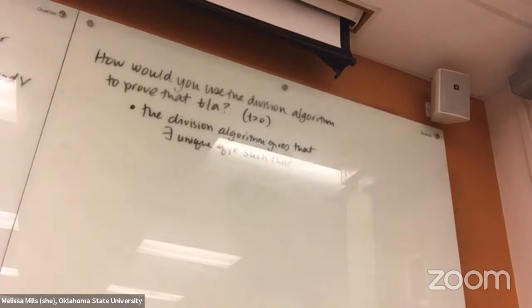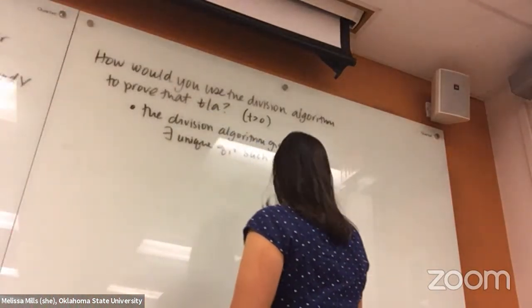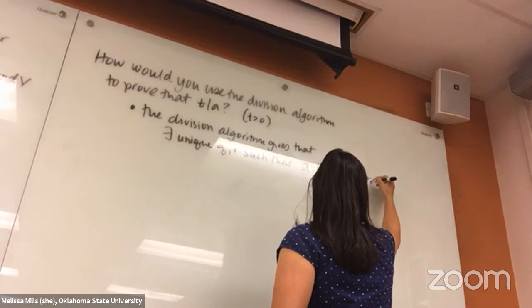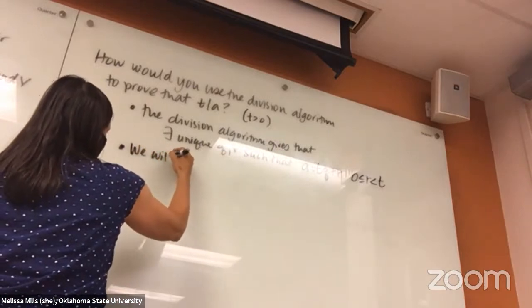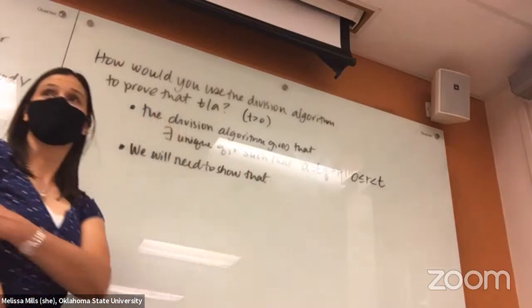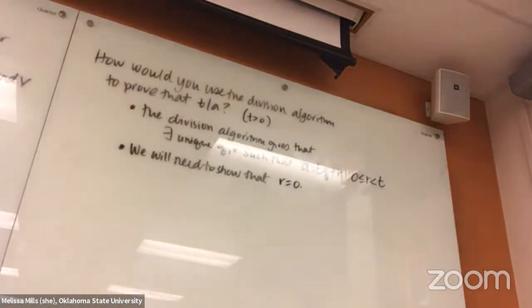A equals TQ plus R, and 0 is less than or equal to R, which is less than T. And our goal is to show that R is 0. If we can show that R is 0, then we have shown that T divides A. That's how we are going to do it with the division algorithm. Okay, we're getting very close.